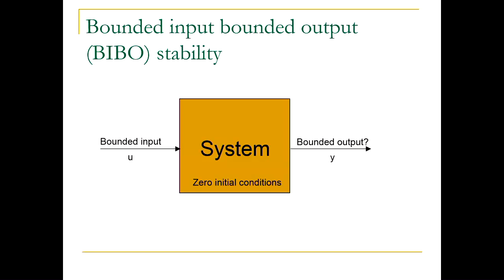If I perturb it in any way, the behavior would converge back to this equilibrium. But you can also say, well, if I apply a bounded input, what would be a bounded input? Well, a bounded input may be the force acting on this pendulum. So if I apply bounded force, will the output, which is in this case the angle that this pendulum makes with the vertical axis, this theta angle, be bounded? So if I apply bounded force, would the output be bounded? Well, in this case, yes, right?